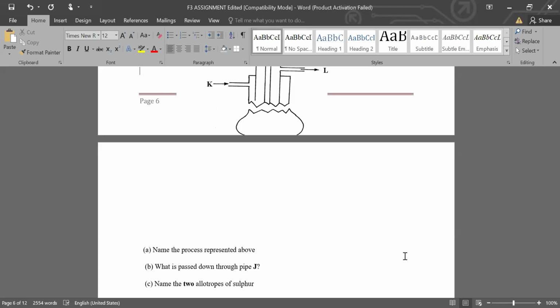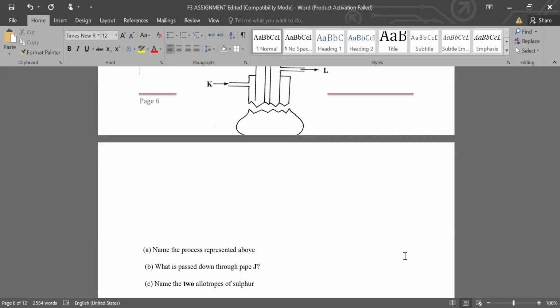So they are allotropes because in the same physical state, one forms the tetrahedral shape, that is the rhombic, and the other forms long prisms. That is how they are said to be allotropes. And of course, they are formed from pure sulfur.